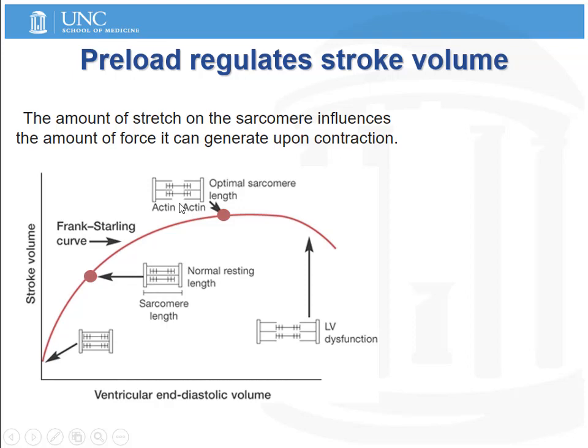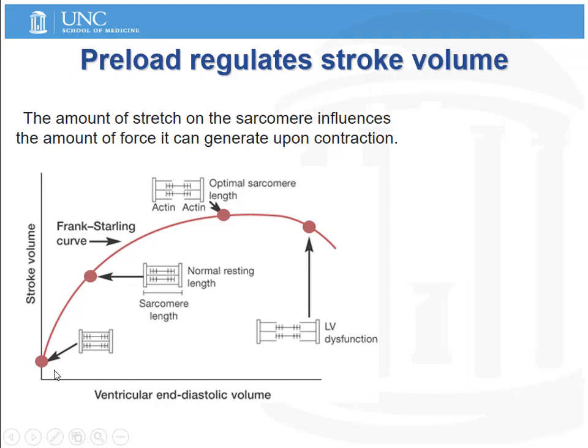But only to a certain point. At very high preload or high end diastolic volume, the sarcomeres are stretched so much that the actin and myosin filaments barely overlap. And the amount of tension that can be developed with a contraction at this sarcomere length is lower because there's less opportunity for potential cross-bridge formation and force generation, and the result is a decline in the stroke volume.